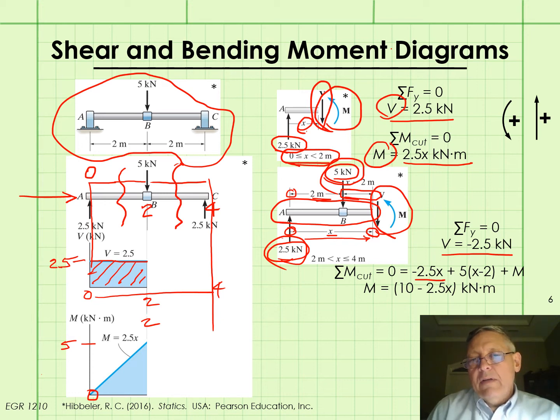And now the moment of the 5 kilonewton force about the cut is 5 times its distance from the cut, which is x minus 2. There's that x minus 2. And then, of course, plus the unknown moment at the cut, which we've drawn in a counterclockwise manner. So we do that algebra, and we get that M equals 10 minus 2.5x kilonewton meters.